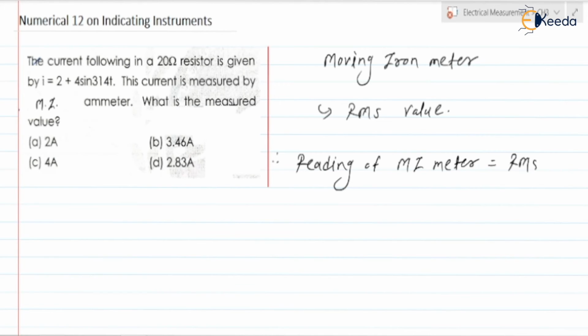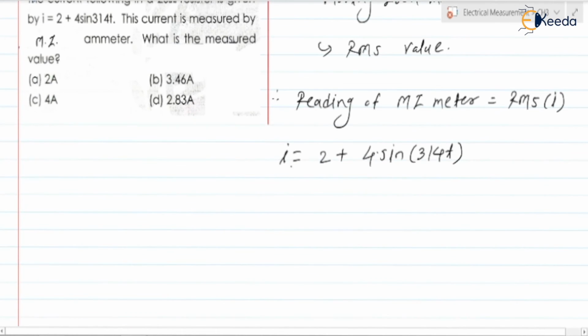The RMS of current I. We know current I is given as 2 plus 4 into sine of 314t. So we have current I equal to 2 ampere, consider it A, plus the second term, consider it B. So A is 2 and B is 4 into sine of 314t.